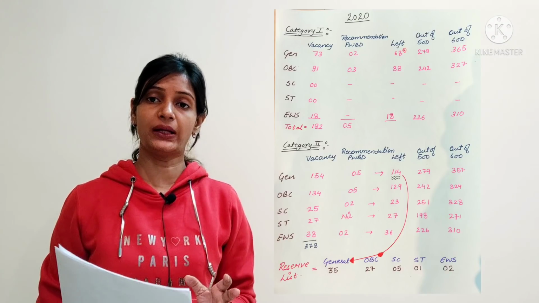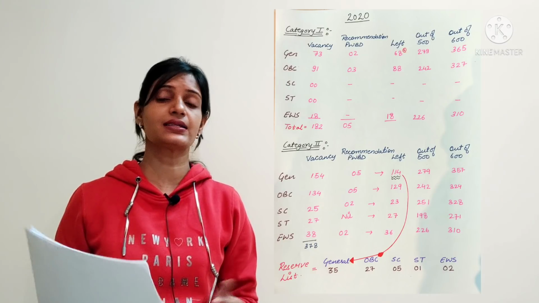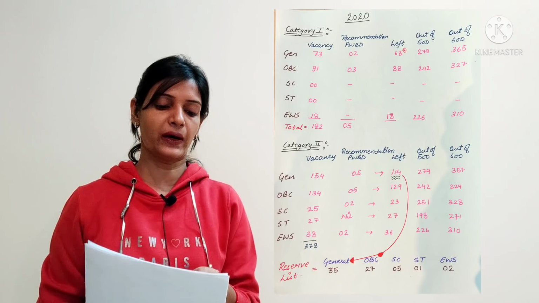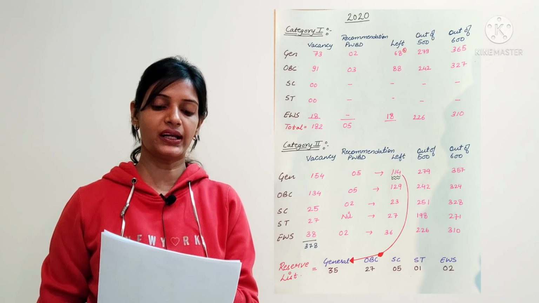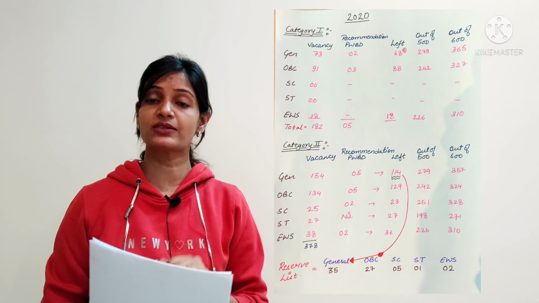Next, come to the 2020 data. What happened in 2020 is that they divided the result into two categories. Category 1 means the candidates selected in the CGHS cadre, and the remaining 3 cadres are put in category 2. For the vacancy of category 1, general 73, for PWBD 02. So ideally it should be 71, but it's written 68.